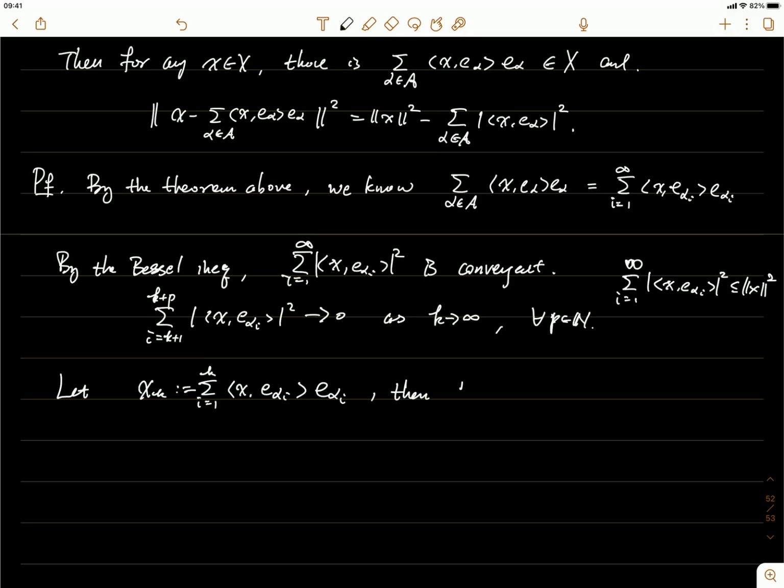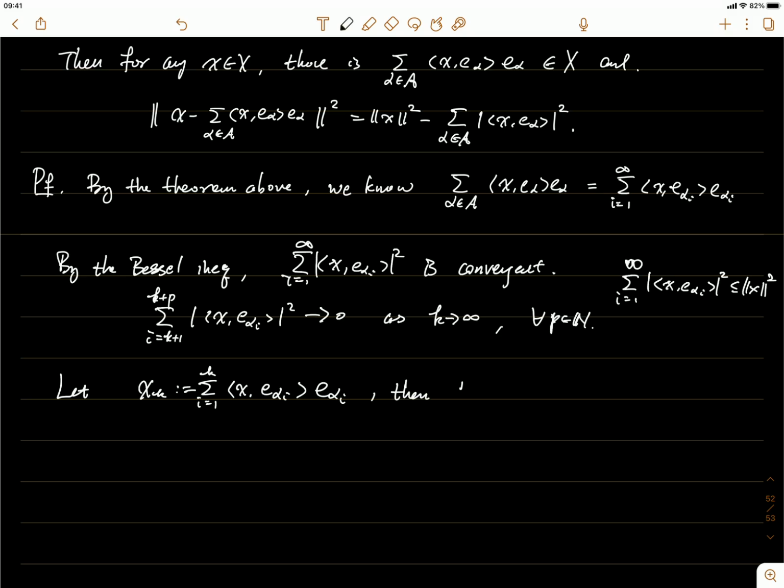Apparently this square is just the square above. And I know that goes to 0 as k goes to infinity and for any p. So this tells us that this x k is a Cauchy sequence. It's a Cauchy sequence in X.